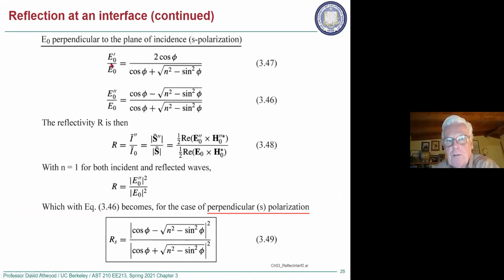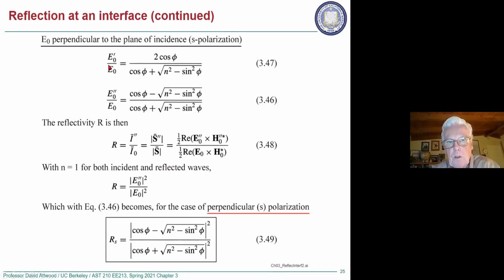So this is the relative magnitude of the refracted wave and the relative magnitude of the reflected wave, and this is how they depend on the angles and the refractive index. The reflectivity is a matter of intensity, not electric field, so it's the magnitude of the Poynting vectors, the intensities, like this.